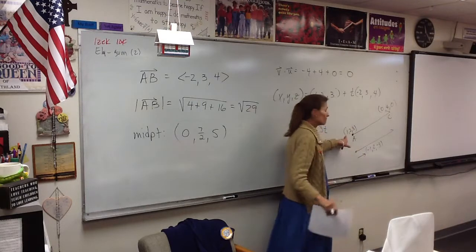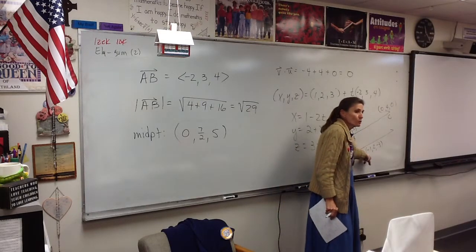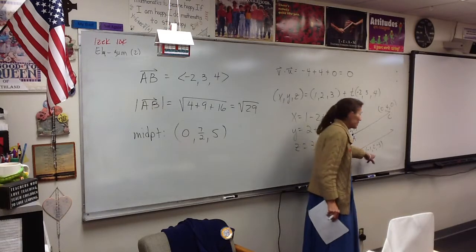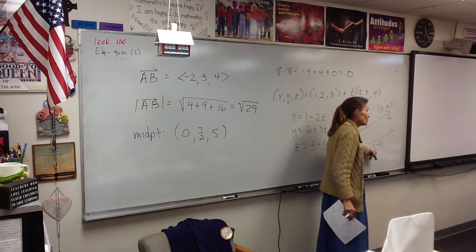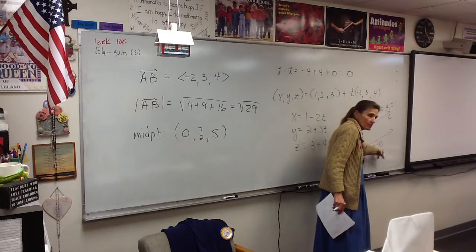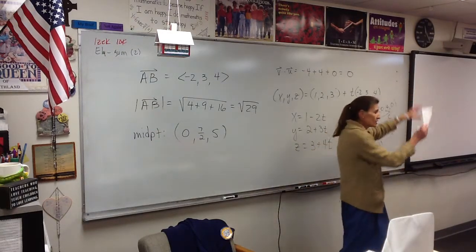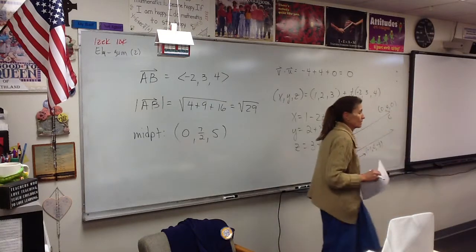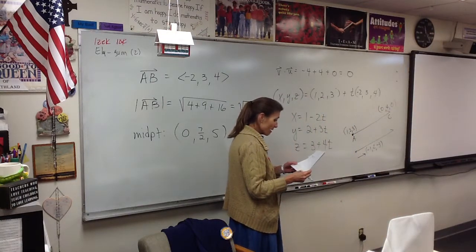If you start at 1 and you back up 1, where are you? 0. If you start at 2 and go forward 2, where are you? 4. If you start at 3 and back up 3, where are you? 0. Remember, a vector is a movement. It tells you how you're moving. All right, that part's done.